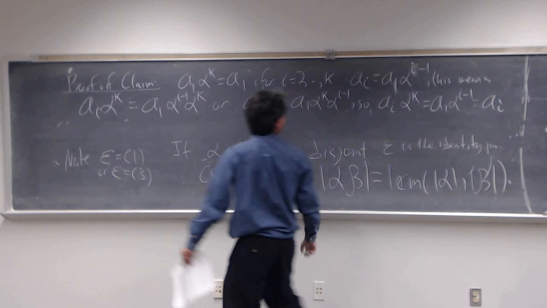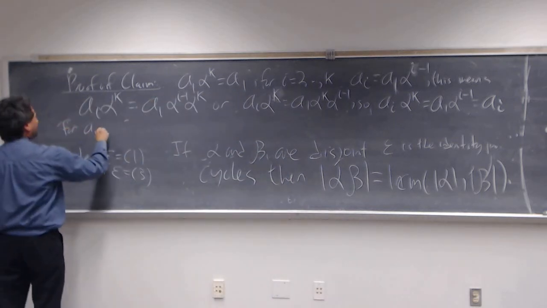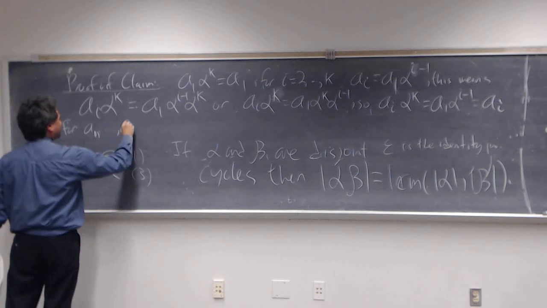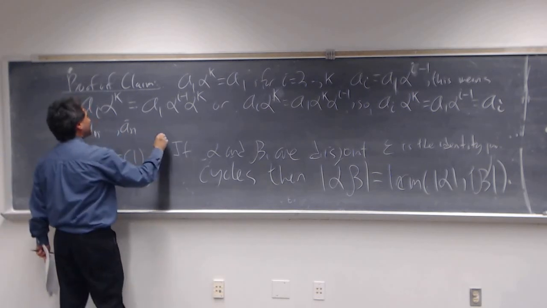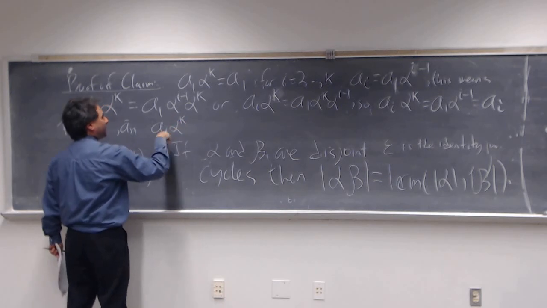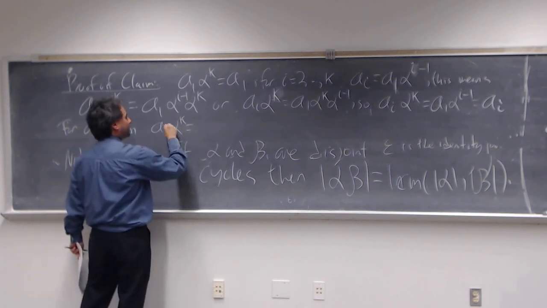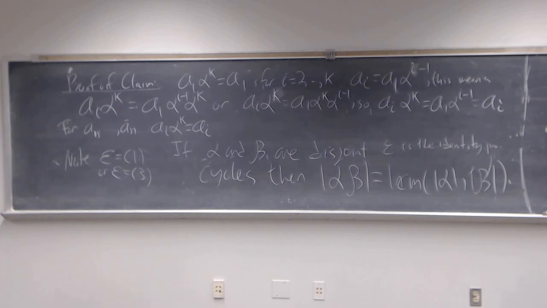So what do we have? For A1 all the way up to An, we've just shown that A_i, stuck into alpha to the K, will fix that. It will take you back to A_i.